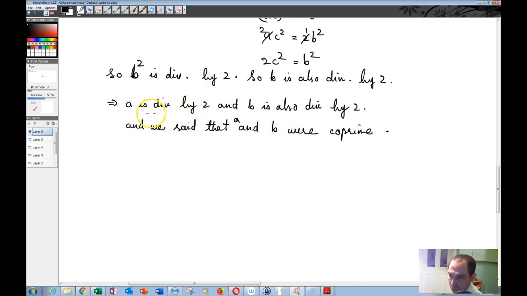But now here we can see that they have a common factor which is equal to 2, because a is divisible by 2, meaning that you can write a as the product of 2 and some other number. So 2 is a factor of a, and also b is divisible by 2, meaning that 2 is also a factor of b. That means that 2 is a common factor of a and b. But then over there we said that a and b were supposed to be coprime. So this is a contradiction, right?